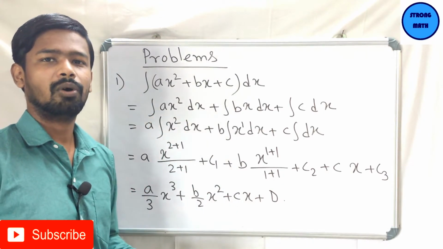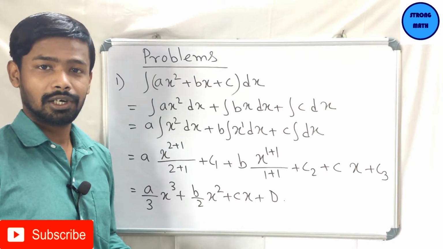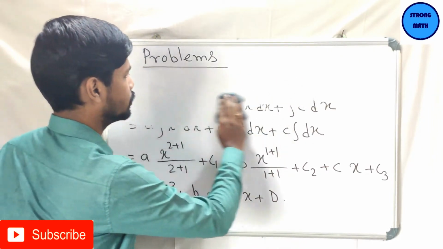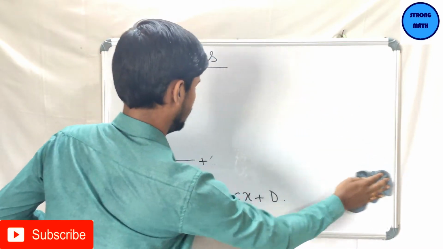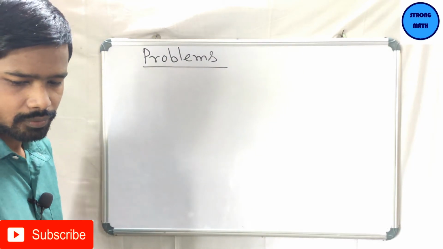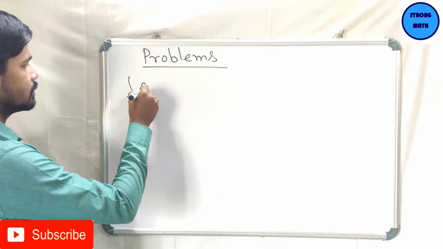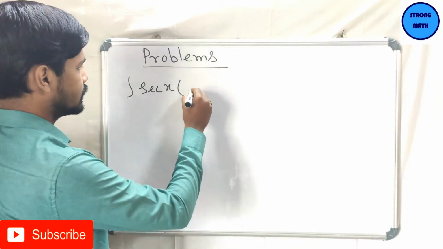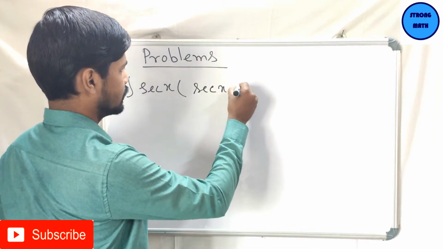You have to remember all the formulas related to integration as well as differentiation. Let's move on to another problem. Suppose we have a problem related to trigonometric functions, such as integration sec x into sec x plus tan x.